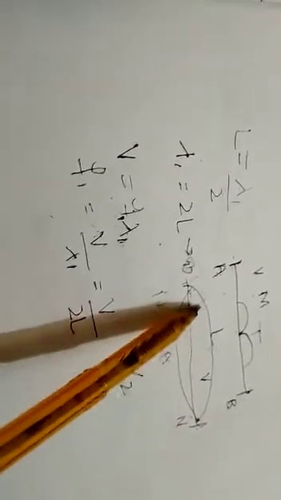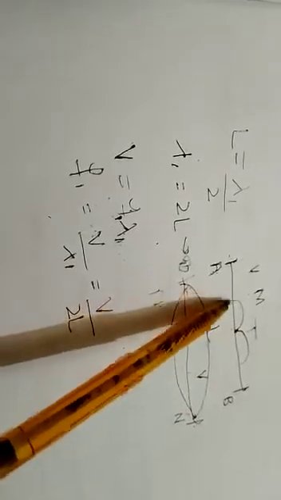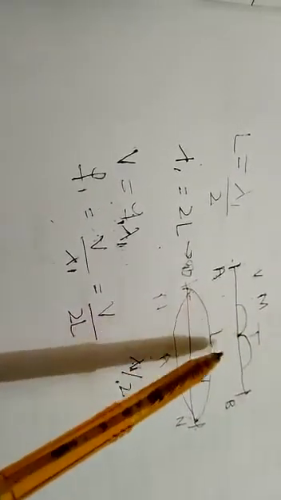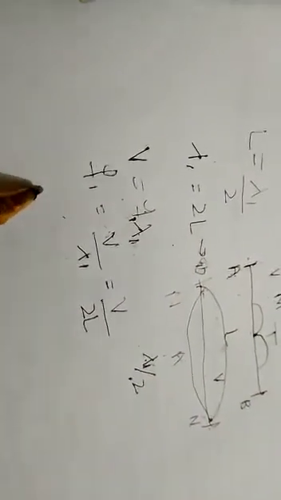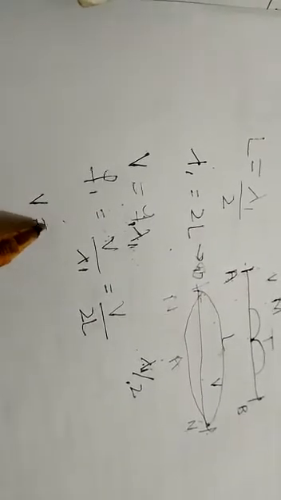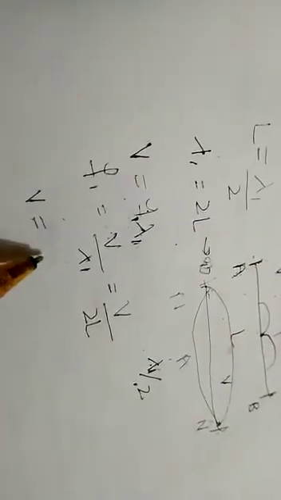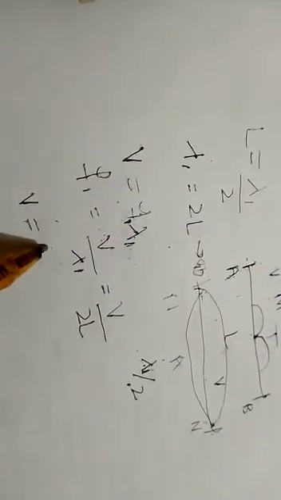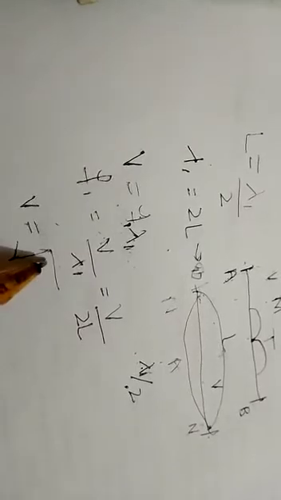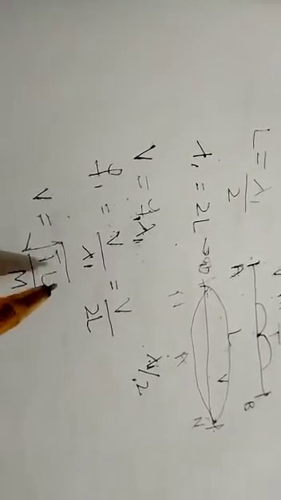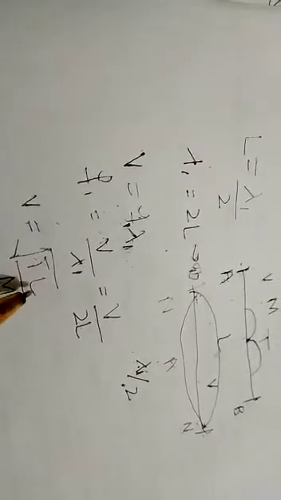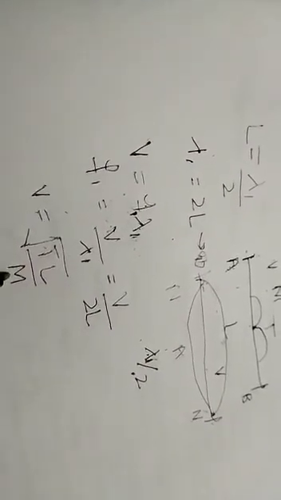Here we generate the transverse waves inside a stretched string. That string has length L, tension T, and mass M. And in the previous lecture we discussed that the speed of the transverse waves depends upon the tension, length, and mass, and we write the expression for speed that v is equal to under root T L divided by M. Here T is tension in the string, L is the length of the string, and M is the mass of the string.